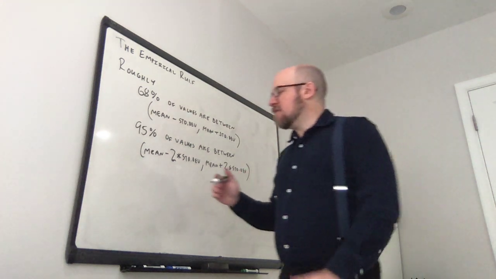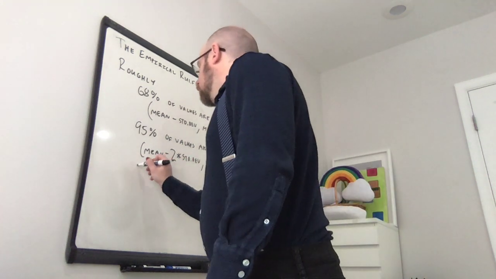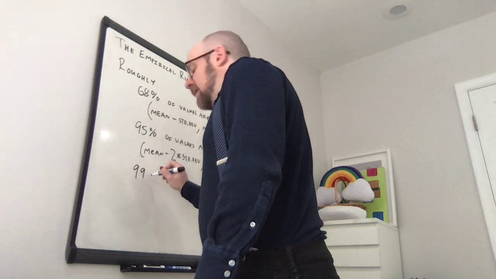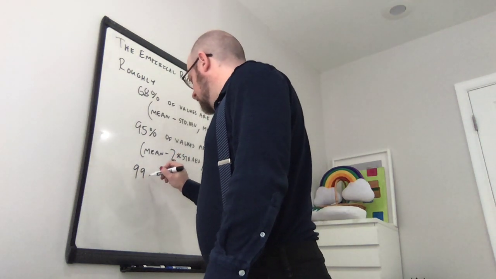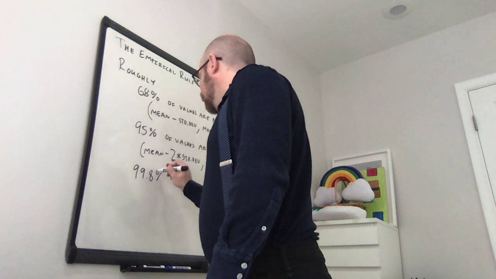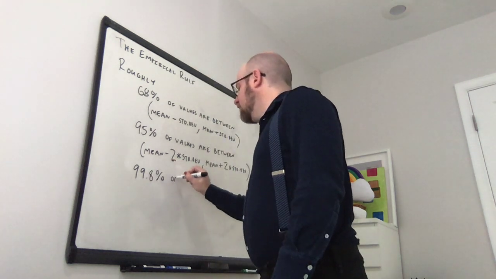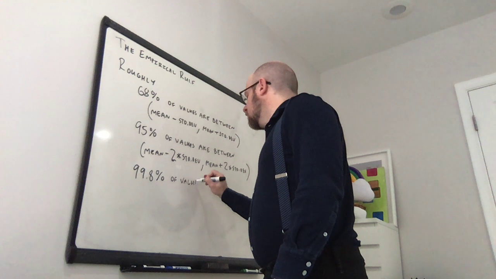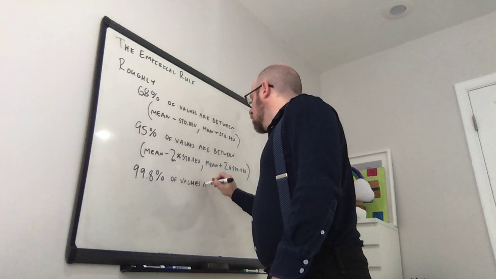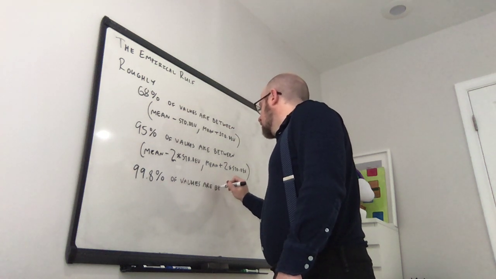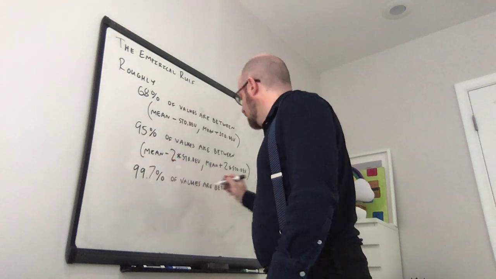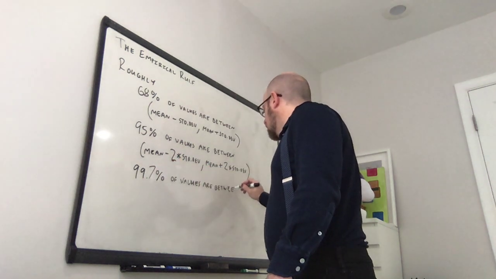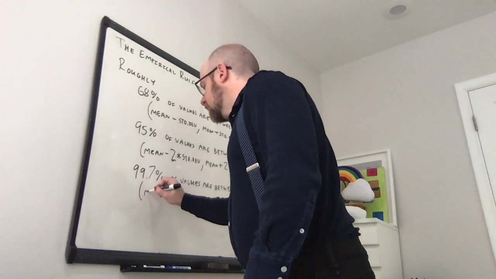Okay? And then finally, the last part of the empirical rule says that 99.7% of values are between 3 standard deviations.